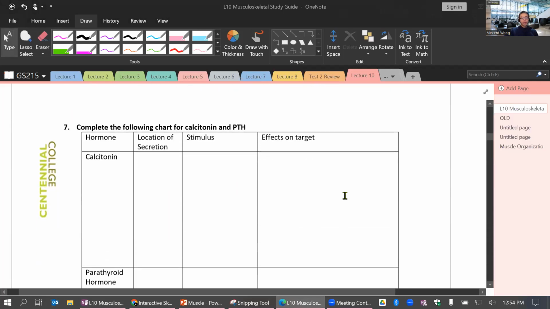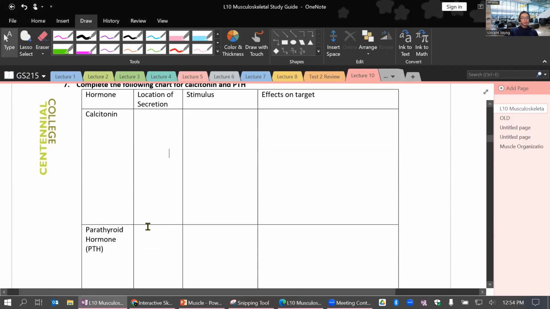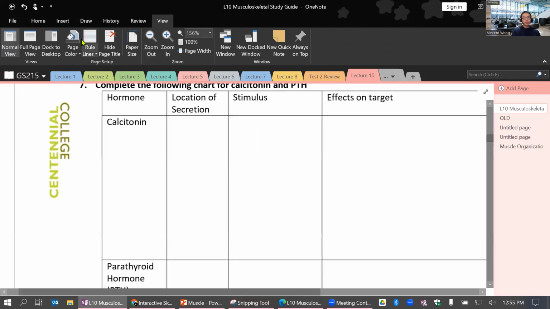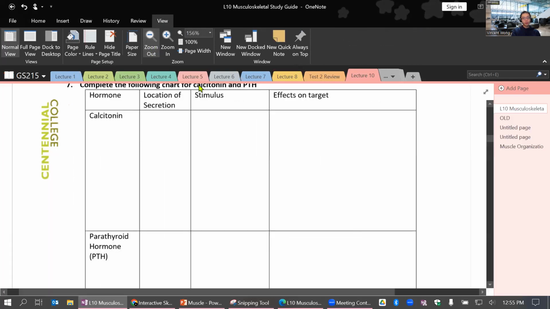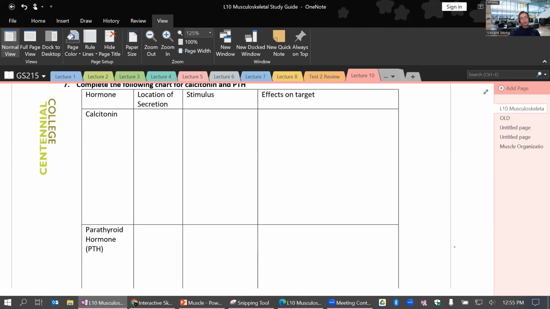Moving on. Here we have a chart, calcitonin and PTH. I know I did it already in the recordings, but let's go through it again just for safe measure. These are antagonistic hormones, just like the ANH and aldosterone that we learned last time.